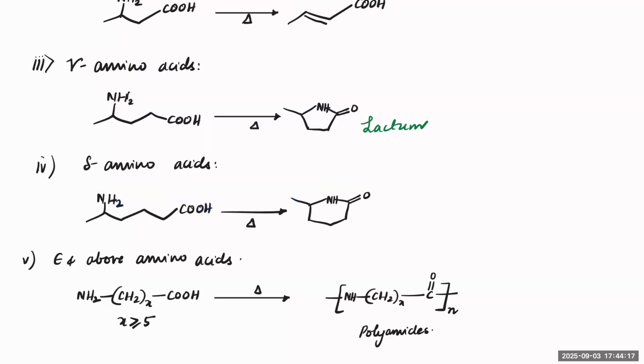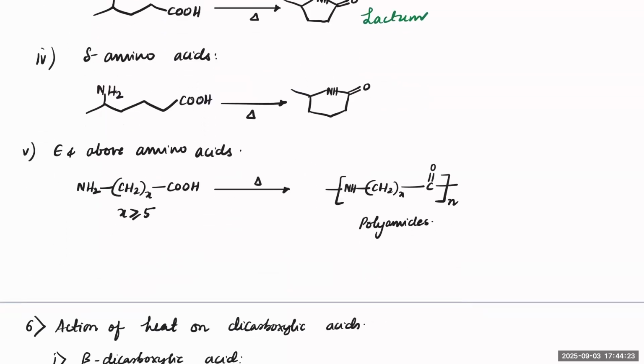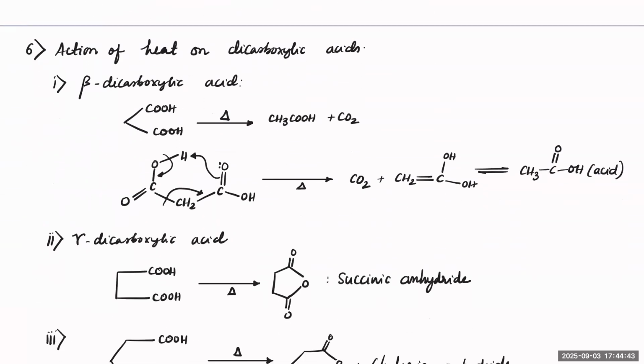So this is also a lactam. One is a 5-membered ring, the other one is a 6-membered ring. Next, if you have epsilon, then on heating from this end and this end, if you polymerize, you will get polyamides. Clear? This time what you get is polyamides. Clear? Next.